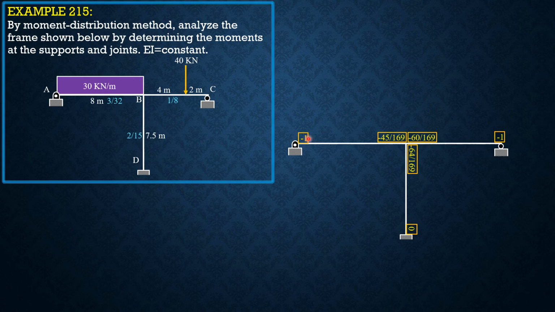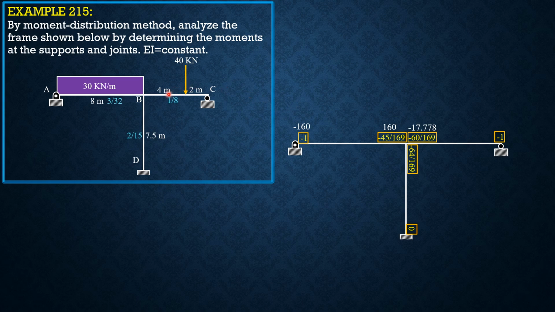Next is fixed end moment. So -30, 8 square over 12 here. It's -160. By symmetry, it's +160 here. Then -40 times 4 times 2 square over 6 square. -17.778.